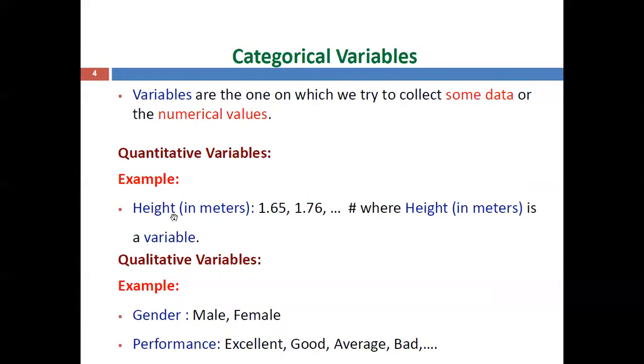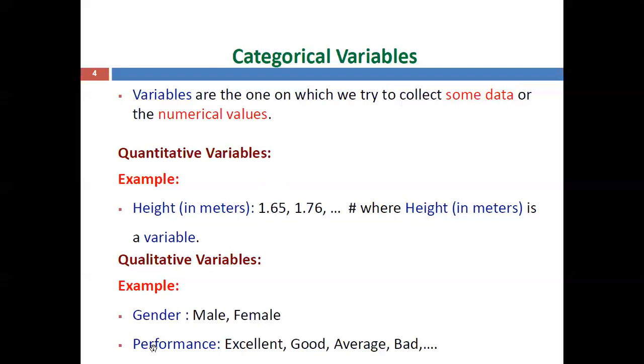For example, height that can be measured in meters, for example, 1.65, 1.76 and so on, where height in meters is a variable, whereas 1.65, 1.76 and so on are the values of the heights. That means numerical values. Then coming to qualitative variables, for example, gender, having two different values, male and female. Gender is either male or female.